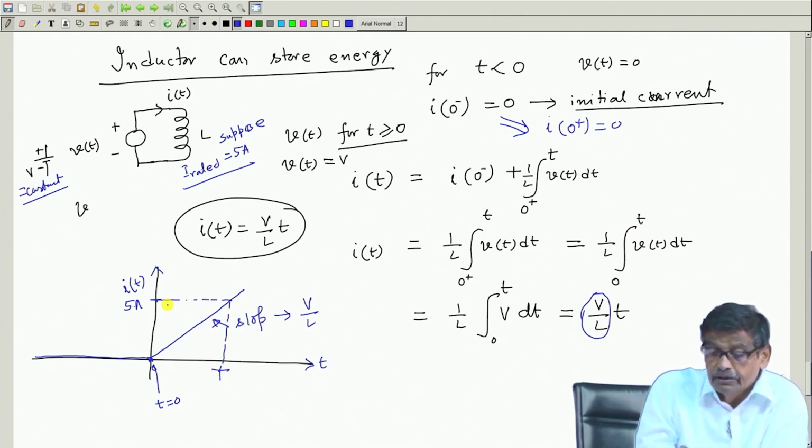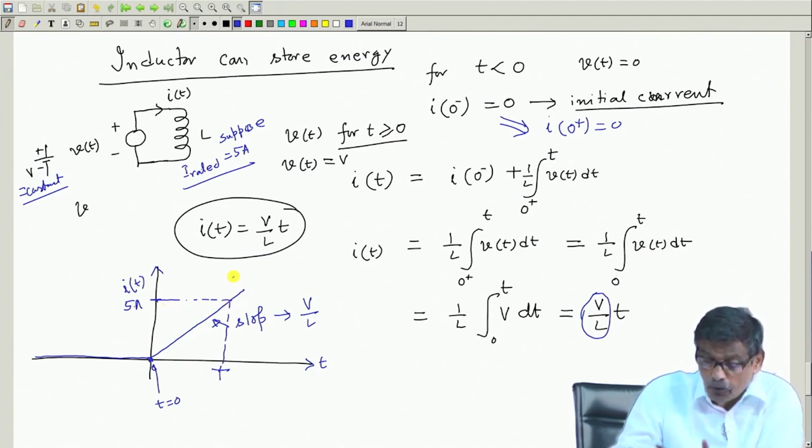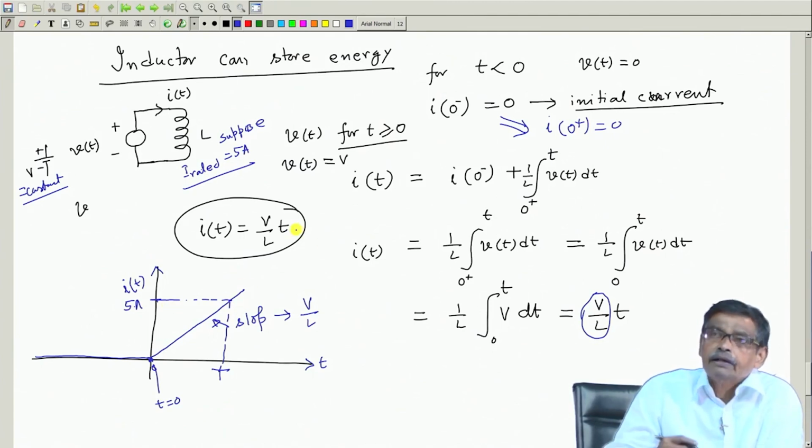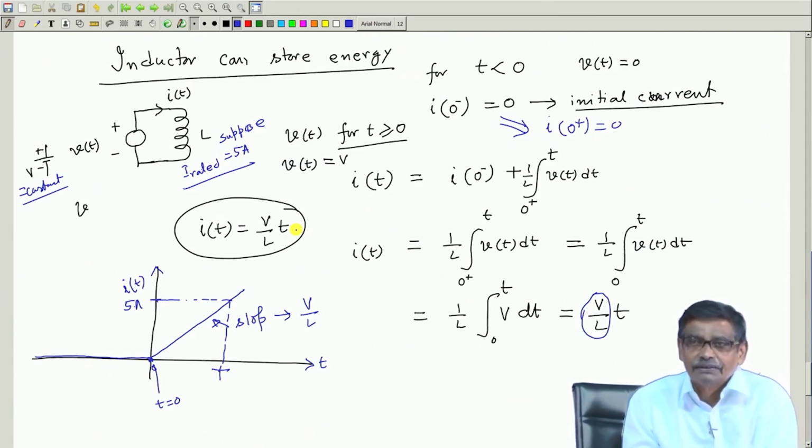No, I should not allow this voltage to act upon the inductor further, because it will then go beyond its rated current and your inductor will be spoiled. It is dangerous. So, constant voltage can be applied across an inductor, but for how long, that you decide, depending upon the current rating of the inductor. Anyway, we will address this problem.